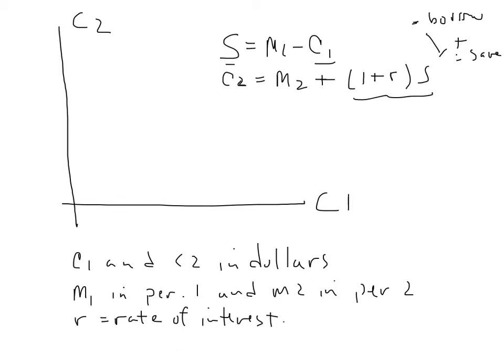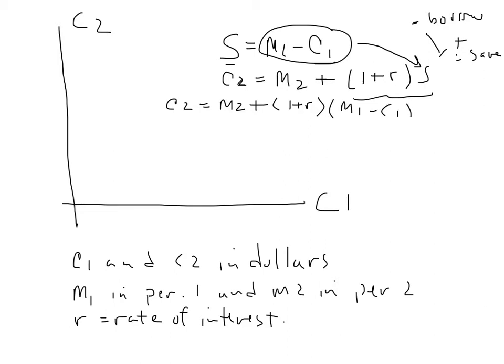Now what we want to do here is collapse these two constraints into one. So we want to turn S into M1 minus C1. We're going to make a substitution in here. And when we do that, we get C2 equals M2 plus 1 plus R times M1 minus C1.